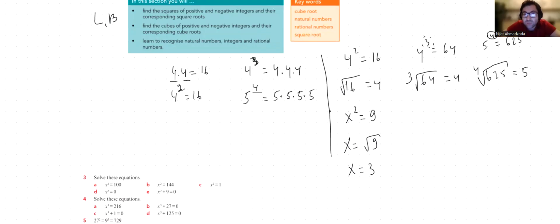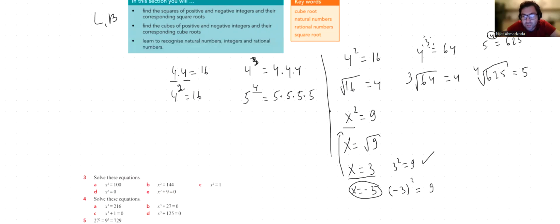But do not forget that if x squared is equal to 9, and we said that x equals 3 works, right? Then we also know that x equals negative 3 works as well. Why? We said that x squared is equal to 9, so 3 squared is equal to 9. It's very good. But at the same time, negative 3 squared also is equal to 9, right?